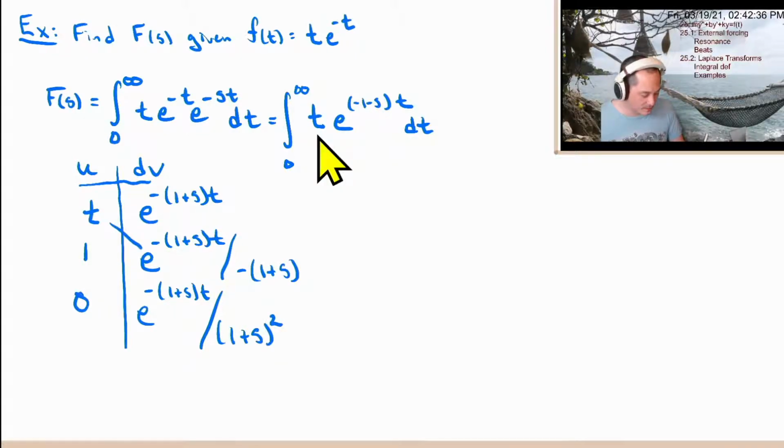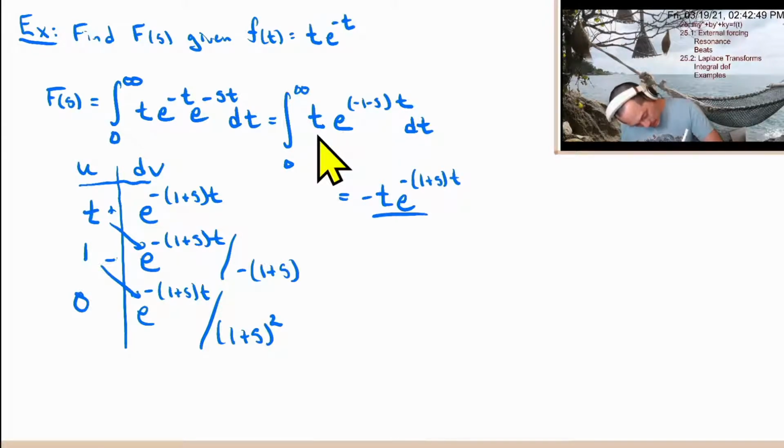I go down and to the right with a plus. I go down and to the right with a minus. So this is equal to negative t e to the negative 1 plus s times t all over, negative brought into the numerator, 1 plus s, evaluated at t equals 0 to infinity.